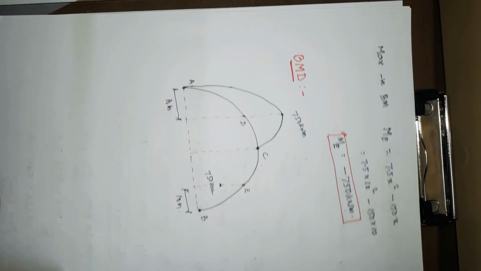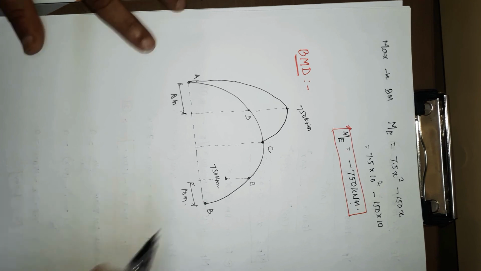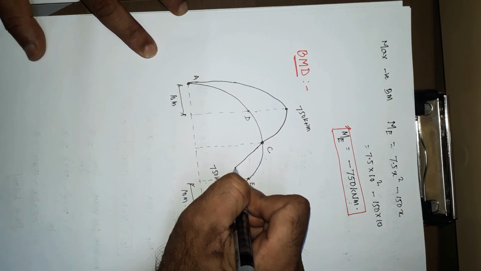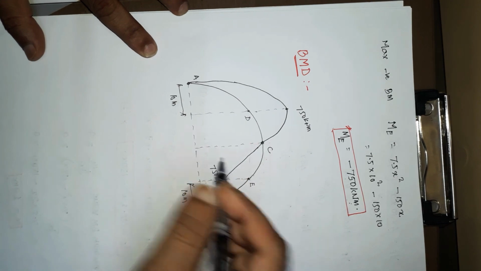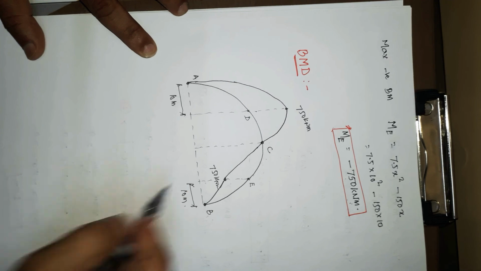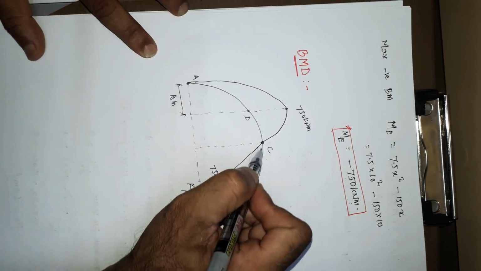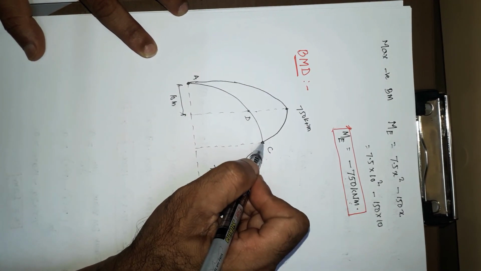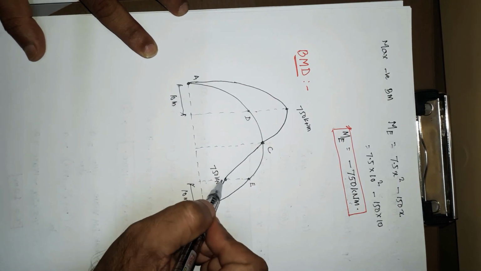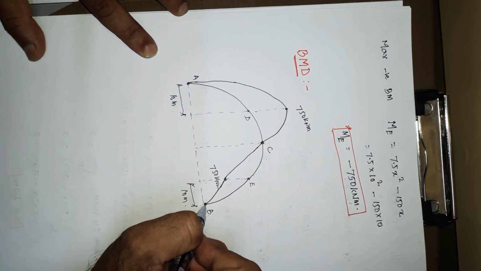No load means you have to draw a straight line. So here to here it is a curve. It has to pass through C because the moment is 0 here. Then a straight line. Here it is minus 750 kilonewton meter, and again here it is 0.